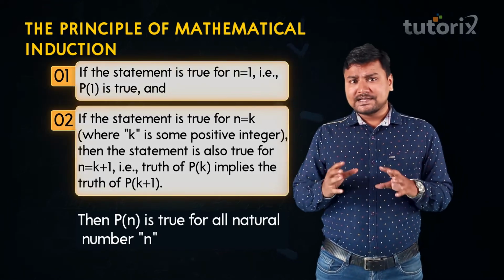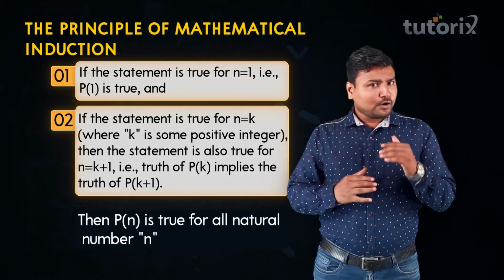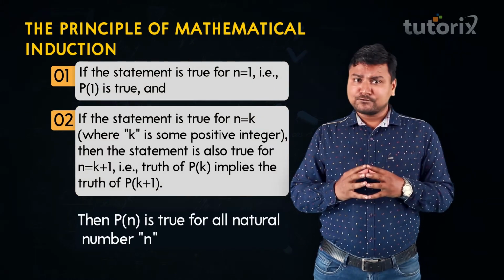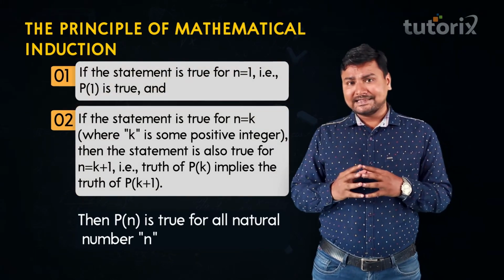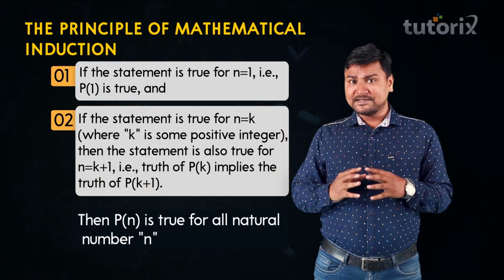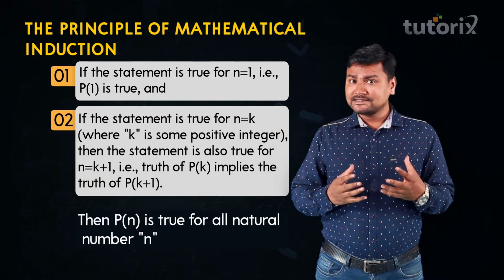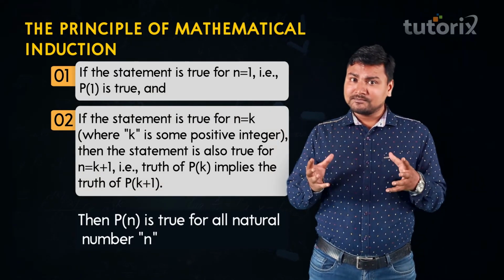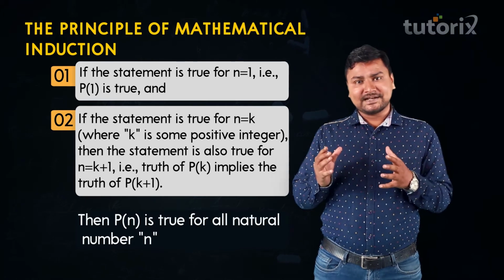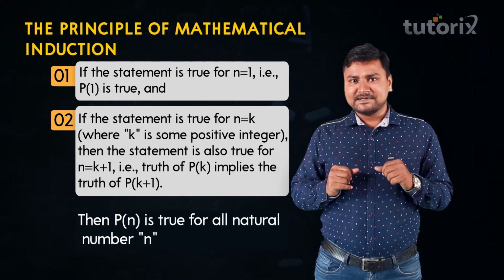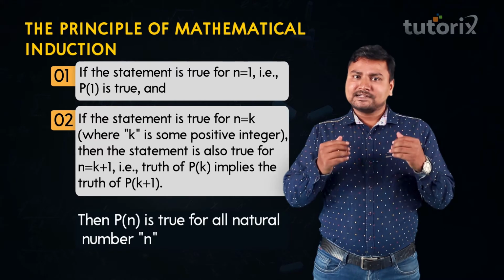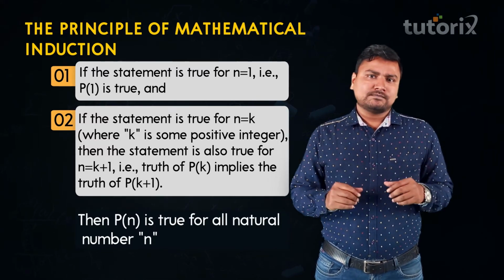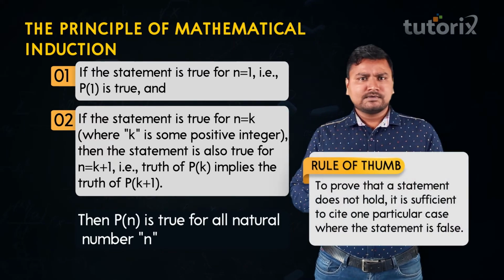These two properties are important, and we have to first go for the first property and then the second property. It means first we have to check some particular cases. From there, by the rule of thumb, if the statement is false, it will get rejected, and we can conclude that the given statement is not true.